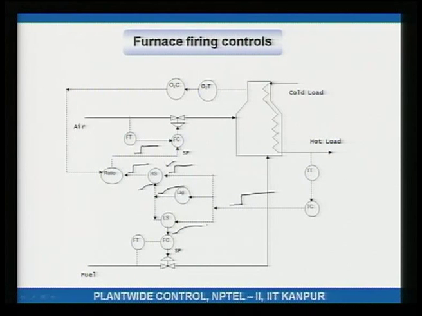What that ensures is, should the heating load demand or the heat load increase, that is what this is, the heat load is increasing, you want more heating, then the fuel lags behind the air. In that case, what is happening is air goes up like this, fuel goes up, fuel lags behind.